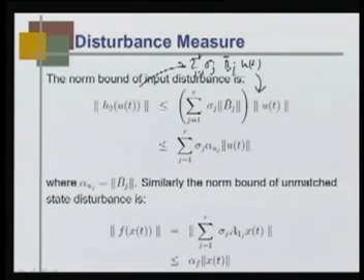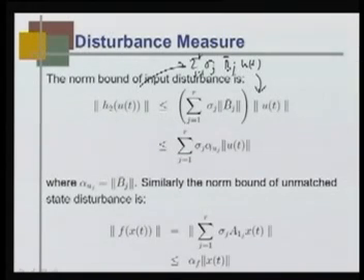Alpha u j is the norm of b bar j, that means the maximum singular value of b bar j. So, this inequality gives a disturbance measure for this quantity.